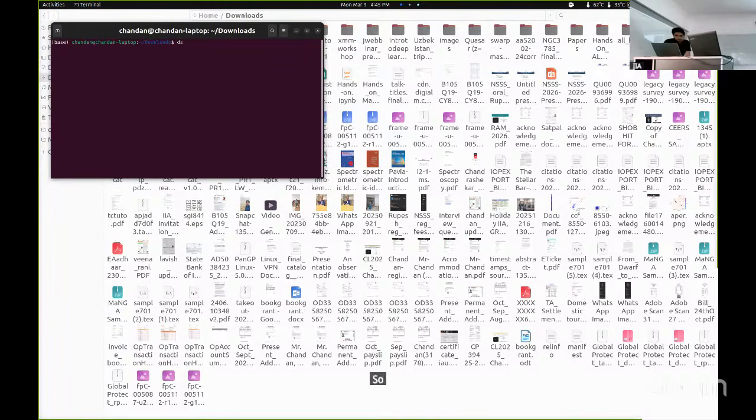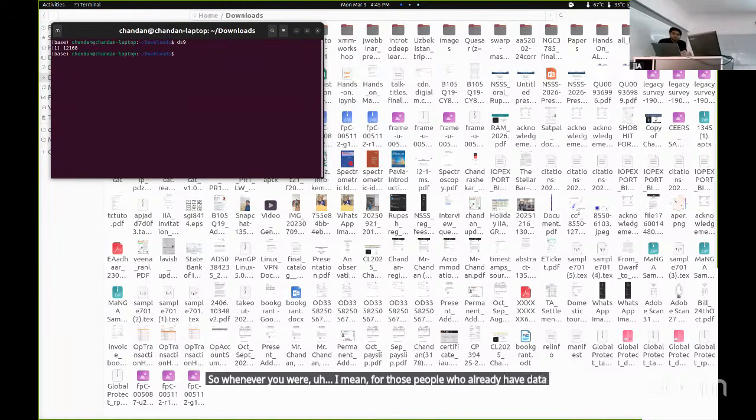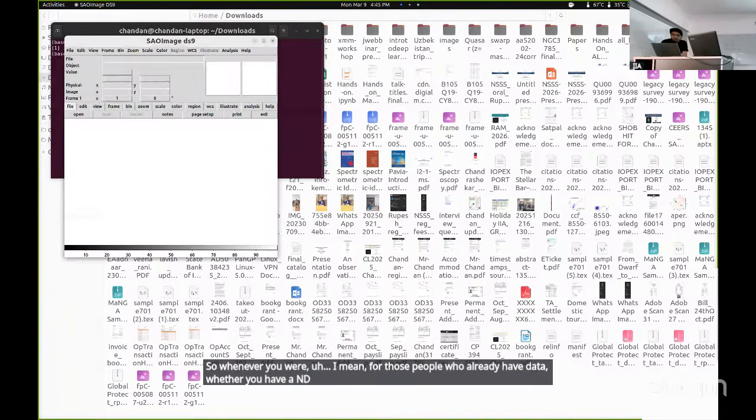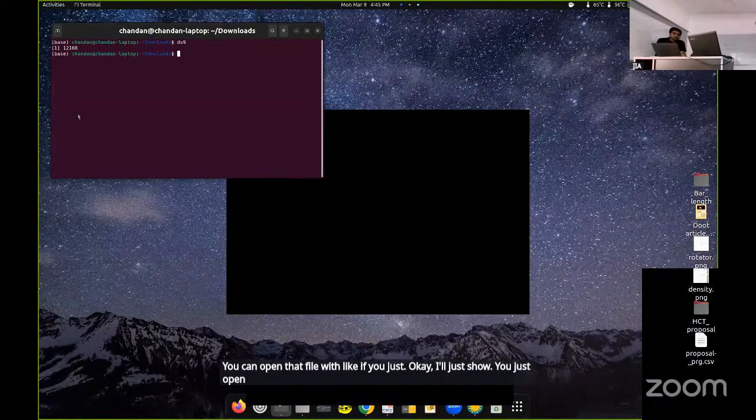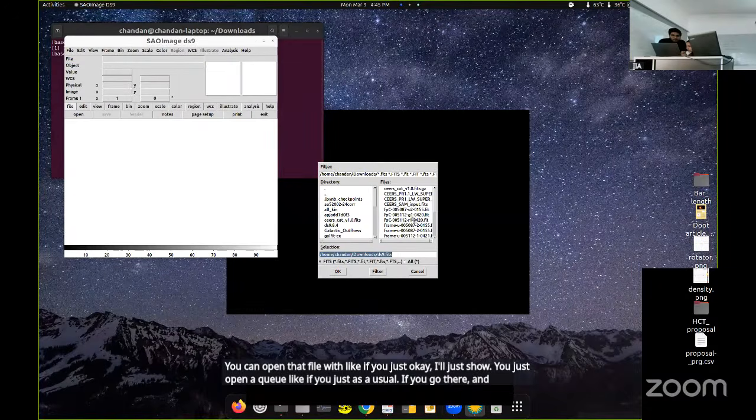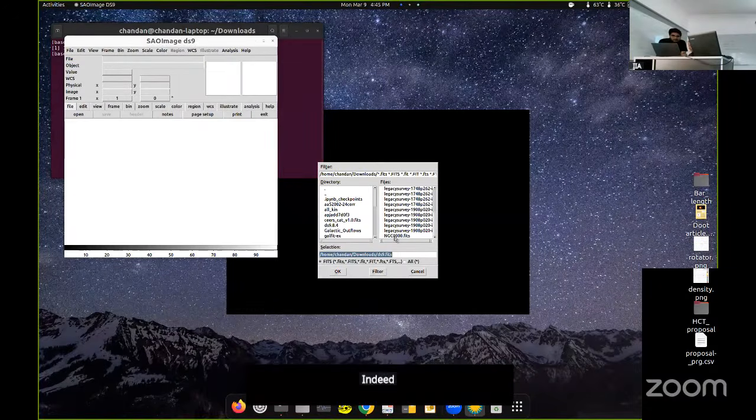For those people who already have the data, wherever you have an NGC 0000 FITS file, you can open that file. If you just open it as a usual thing, this is how it looks.